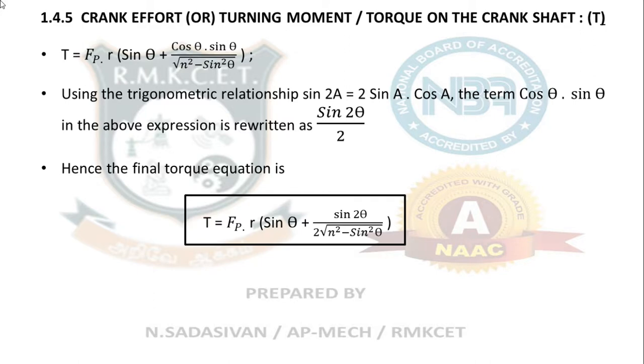This is the final torque equation. It's very simple to understand. If you play the video again, you will see all steps are very simple. Finally you have to memorize this formula for doing the problems.